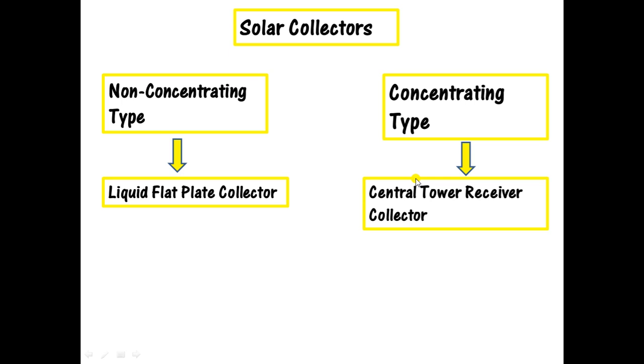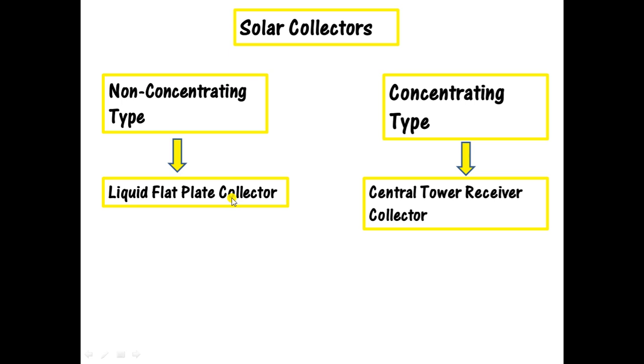In non-concentrating type, solar energy from a large area is directly used, whereas in concentrating type, the solar radiation from a large area is converged into a smaller area and then used.